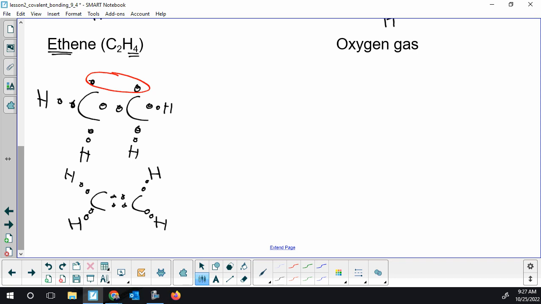So we have a double bond in both the dot diagram and the structural formula. To show a double bond, every pair of electrons is a dash, so that would be 2 electrons, but I need 2 more, so I have to put 2 dashes.